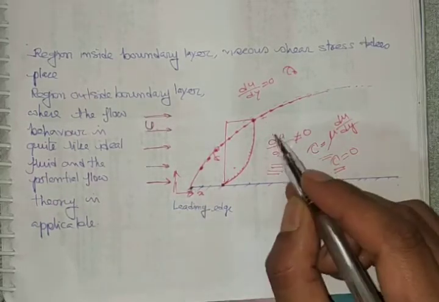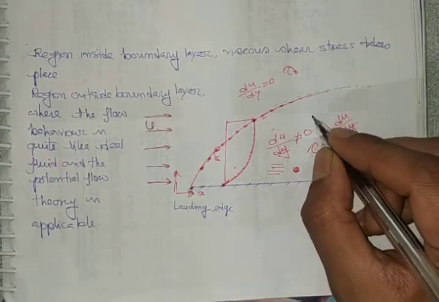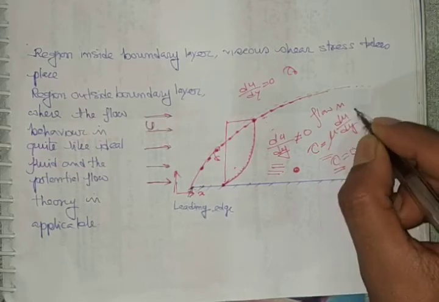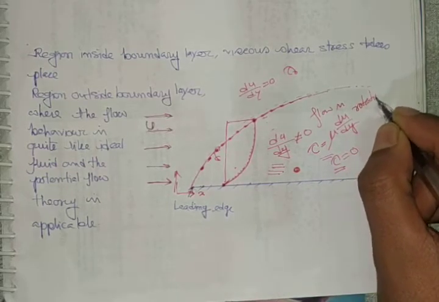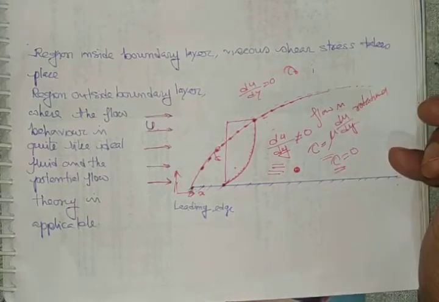So inside the boundary layer, the flow is rotational, but outside it is irrotational.